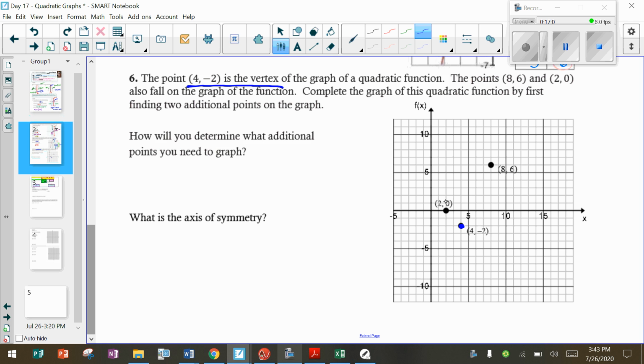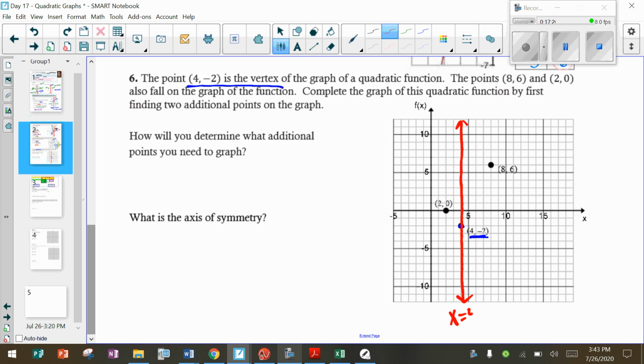How will you determine what additional points you need to graph? We're going to use the concept of symmetry. If 4, -2 is our vertex, that means our axis of symmetry is the vertical line that passes through that point. So our axis of symmetry is going to be a line right down the middle of our graph where x is equal to 4.